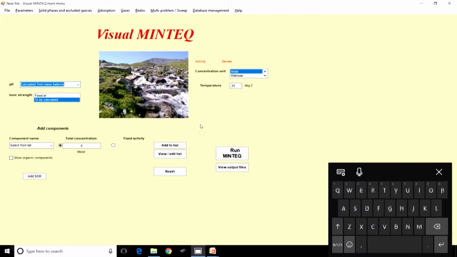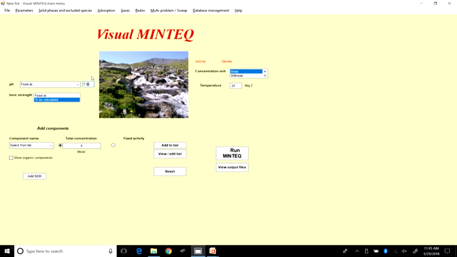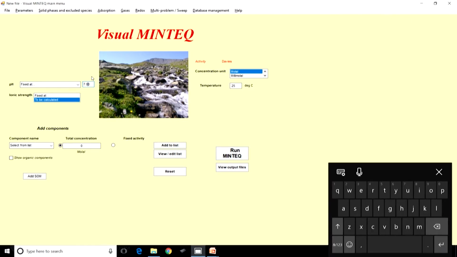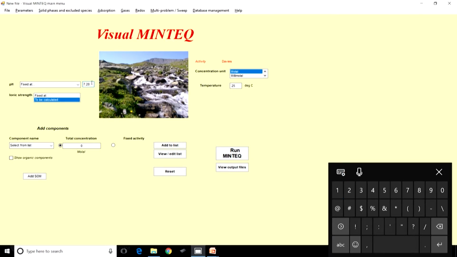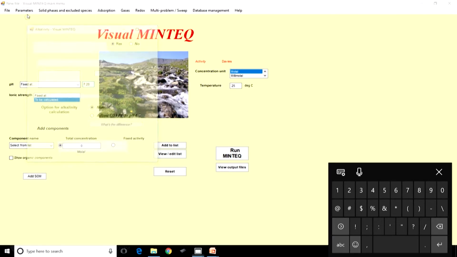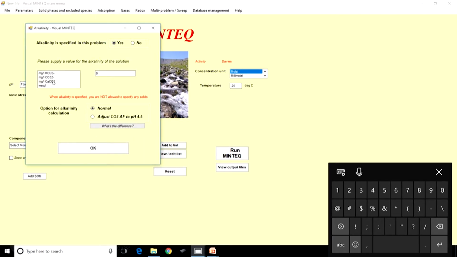So let me see how to use Visual MINTEQ. First we need to set up the relevant aspects. The first one is pH, which is fixed at, I believe, 7.2, yes. And what else do we have? We have alkalinity, and I think we can specify that in parameters, and alkalinity was as CaCO3.